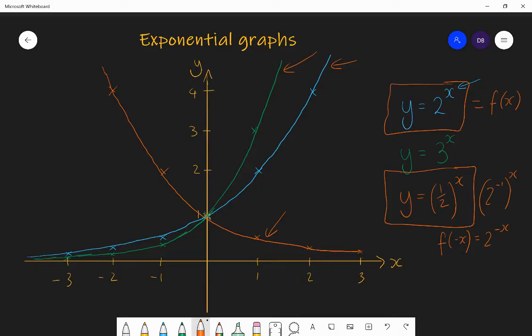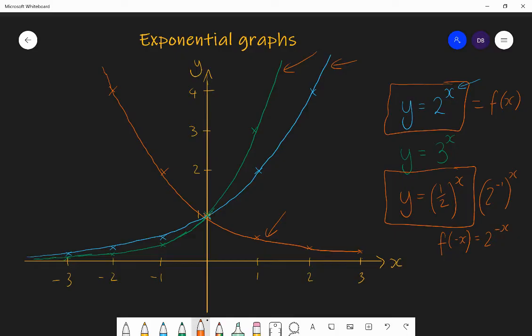Okay, you might find it in the value of a car over time. So if it loses 30% of its value every year, then each year, every one movement across in the x direction, you would find it would be 70% of the previous value because it drops by 30%.